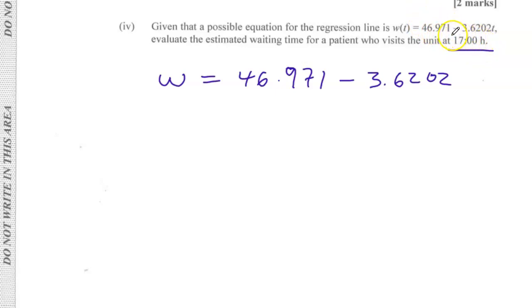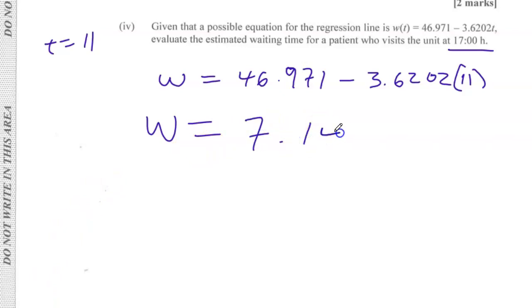And then another 5 hours, so that's 11 hours. So T would be 11, right? So this would be replace T with 11. So W would be equal to, I can use my calculator to do this, 7.1488, and of course the waiting time is given in minutes.